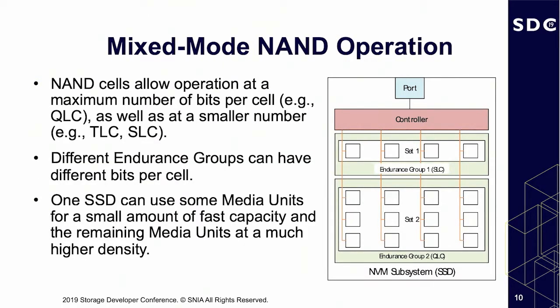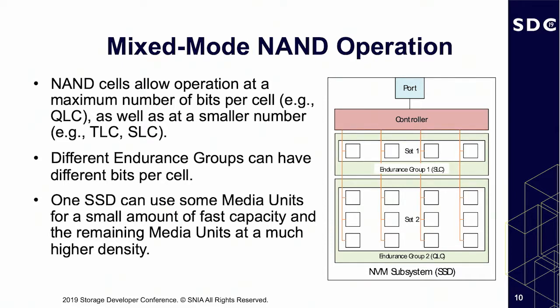We didn't really talk about this example before, but in this case, very often you'll want a small amount of relatively high-speed SLC NAND, and the rest of the drive configured as QLC or TLC. So this capacity management gives you a way to do that.